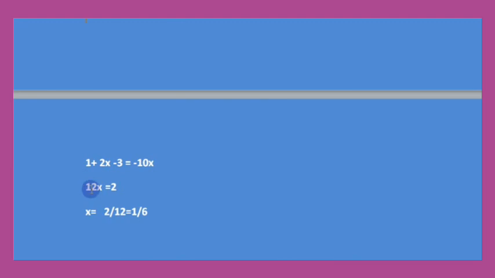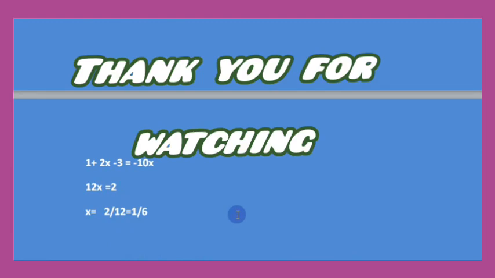Now let us rearrange this, minus 10x to the other side. It would be 12x. 1 minus 3 is minus 2. When we take it to the right side, it would be positive 2. So dividing both sides by 12, we would get 1 over 6. So this is our solution set.